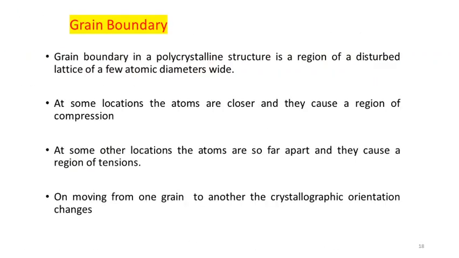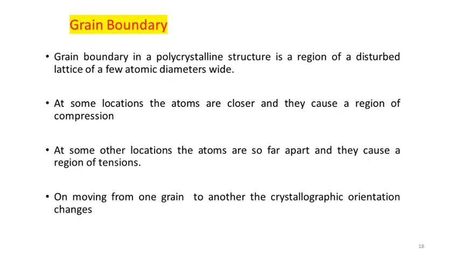Next we will discuss the grain boundary. Grain boundary we have seen as the last stage of the solidification process. In the last stage of solidification, upon nucleation and growth, at the end stage after dendritic growth, these atoms meet at the grain boundary, after which further growth is restricted.